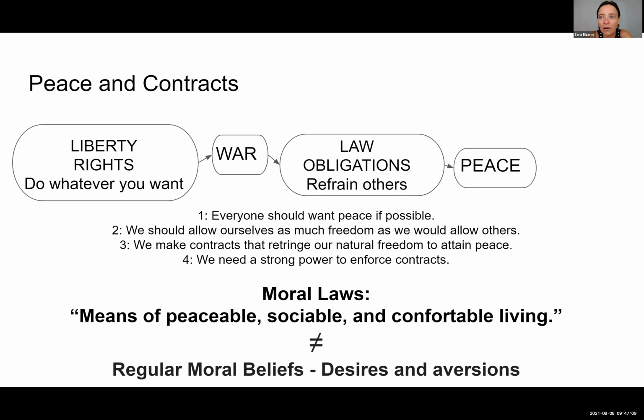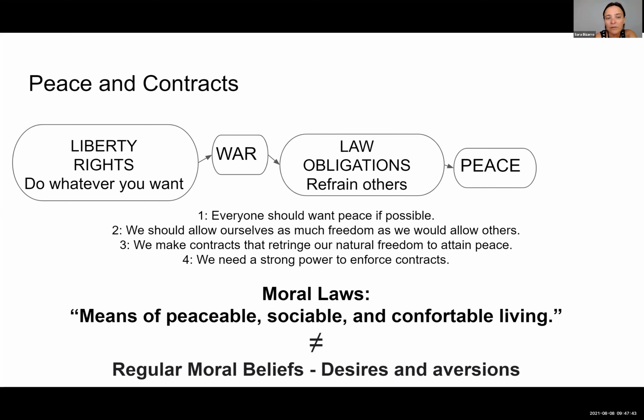But there's other moral laws that are objective. And those are, this is a quote from Leviathan, "means of peaceful, sociable, and comfortable living." Having that as a goalpost is what's going to create real ethical principles that we should follow, not what regular people talk about when they talk about moral laws.